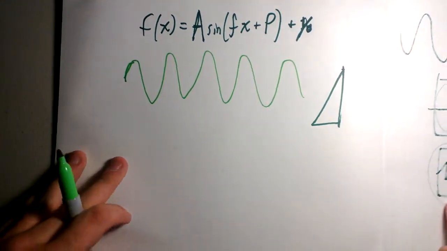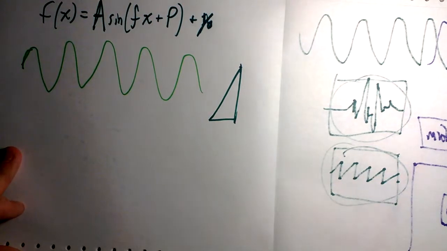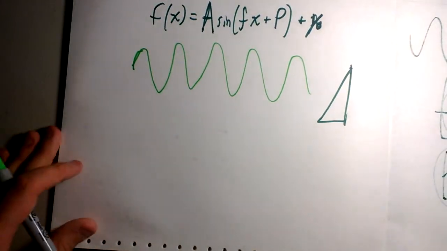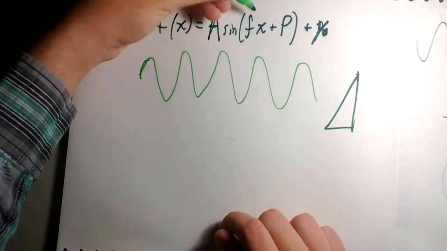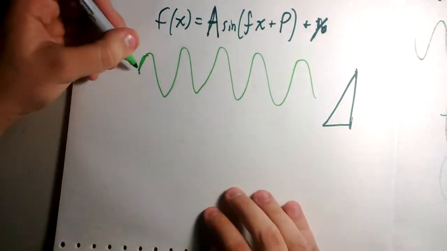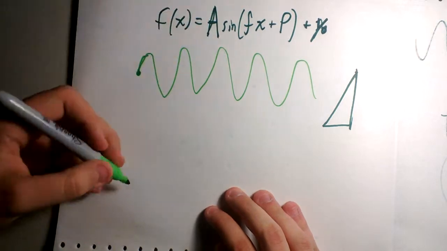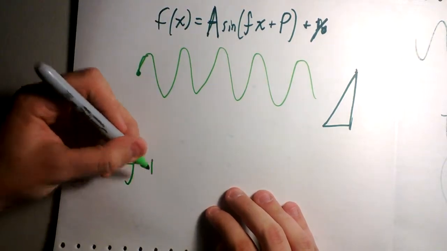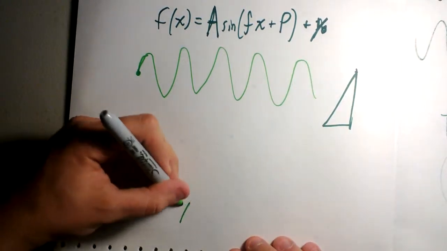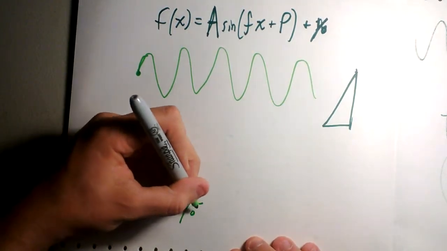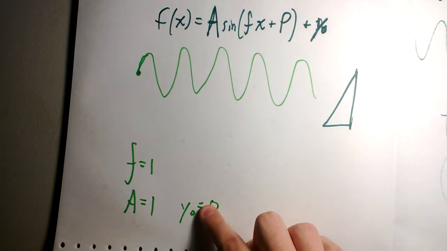No, you can only accomplish that weird sawtooth shape by adding equations. So let's just keep going with this. So frequency. If I increase the f value, usually f is equal to 1, usually a is equal to 1, we're used to that. And usually that y naught value, we don't add anything to those functions usually. That's usually equal to 0.